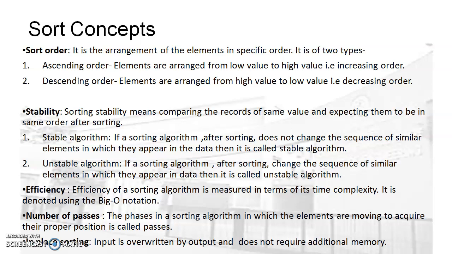Then there is in-place sorting. If the input is overwritten by the output, then that kind of sorting technique is called in-place sorting. For such sorting algorithms, additional memory is not required.